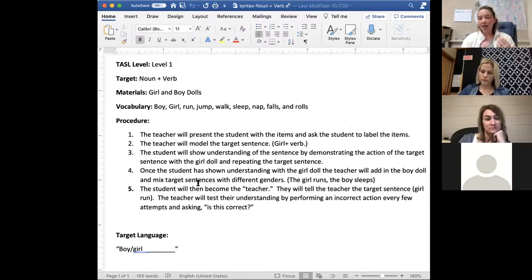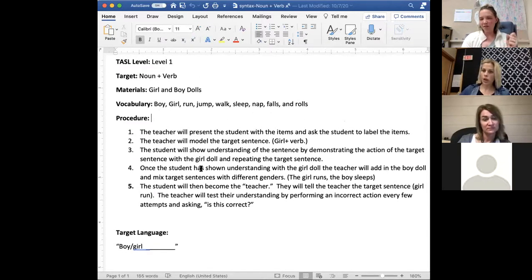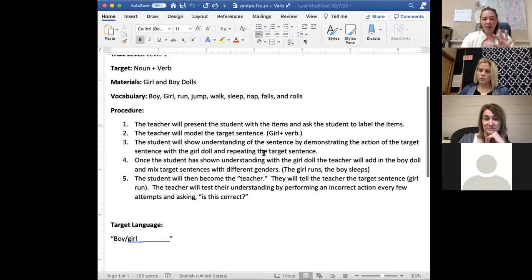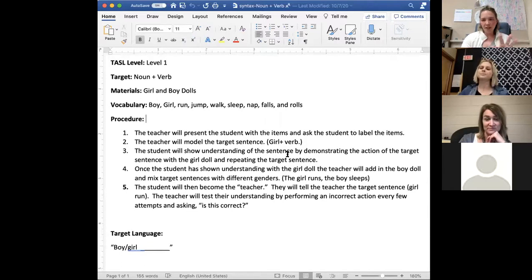You can also incorporate something like this to work on that vocabulary piece to make sure they've got it in a different way, not just a drill type thing. So that is a very simple syntax activity. If you get the kid for 20 minutes, this could be 5 of it, and then you can go on and do the next one that I have.